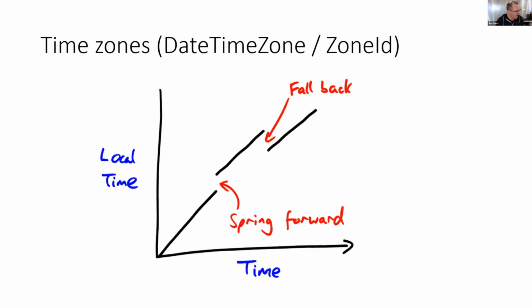So on, I think it was on March the 7th, the UK skipped from 1 a.m. to 2 a.m. So you'd be coming up, 12:59:58, 12:59:59, 2 o'clock in the morning. We skip over the hour between 1 and 2. I don't know what happens in the Romanian time zone. Maybe you skip from 3 to 4. I think that's the case, but maybe it's at a different time. But you jump forward by an hour.